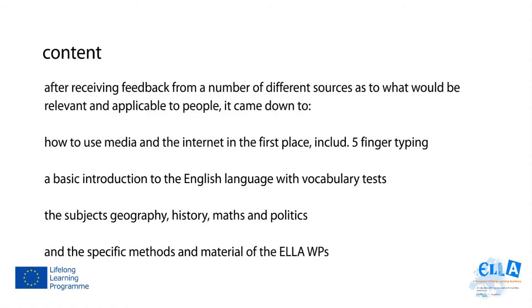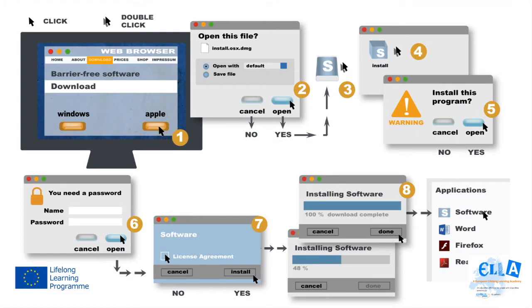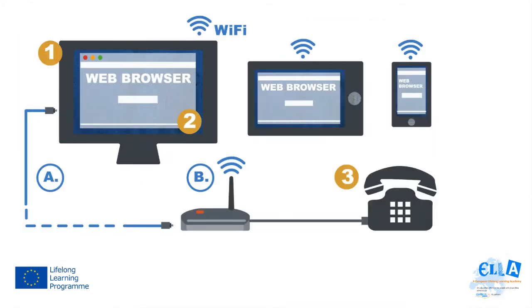The content has ultimately included a number of different subjects that I have tried to categorize as well I could. Right. So after receiving feedback from a number of different sources as to what would be relevant and applicable, the feedback I got was that it would be quite helpful to show how to use media and the internet in the first place, to allow access to it and make people more aware of how it works.